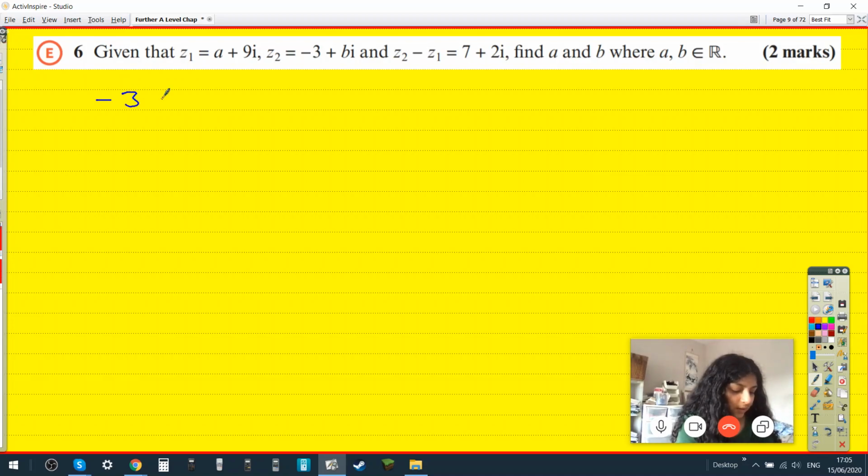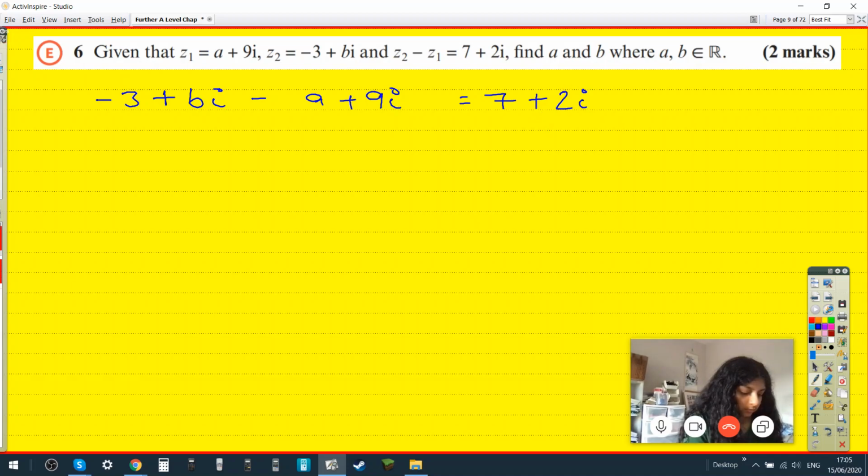So you'd have minus 3 plus bi minus a plus 9i is equal to 7 plus 2i. Shouldn't they be in brackets? Yep, just check it. And then you just look at it. Yeah, called by inspection.